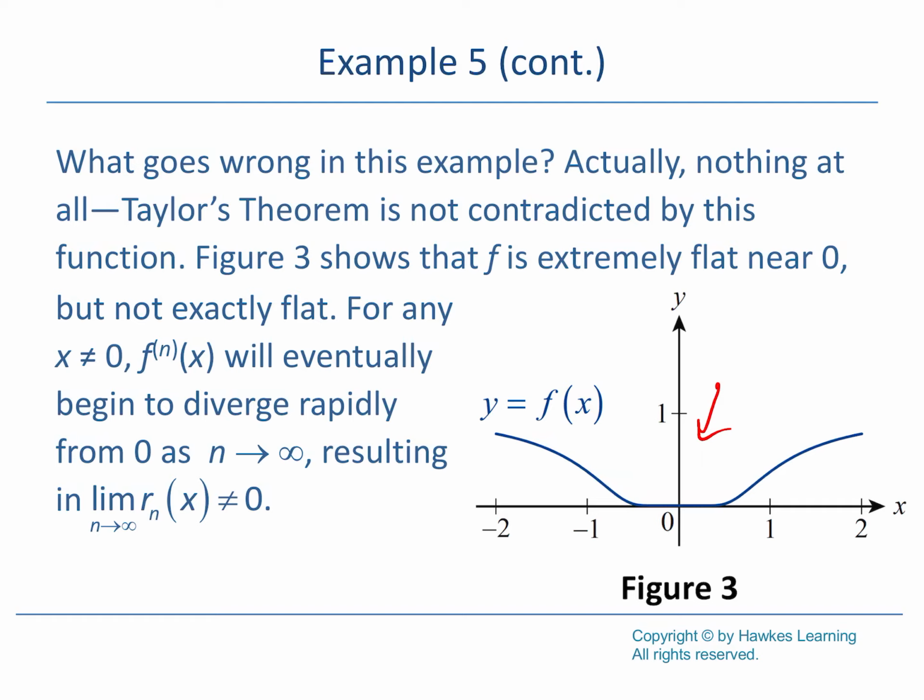I bet if you moved over here and said, let's make a equal 1.5, and you tried to start making a Taylor polynomial over here, then I bet over there things would be much nicer, and you could make approximations. But here things are bad.